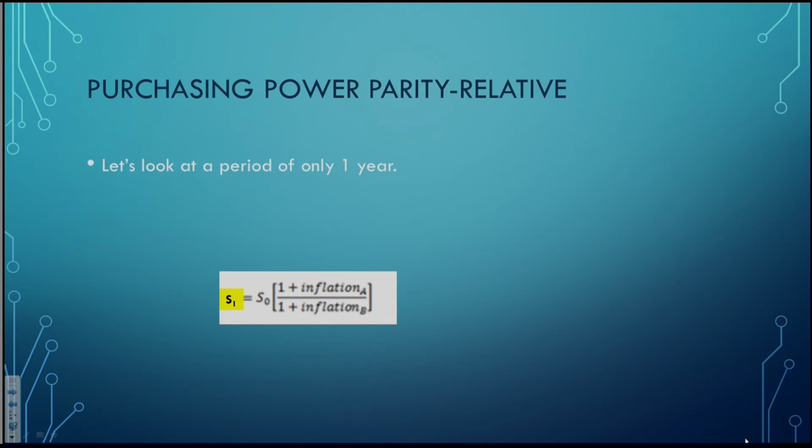Now, let's simplify the world and look at a period of only 1 year. So if we're only looking at a period of 1 year, let's just let t equal 1, and that means we're finding exchange rate in S1.